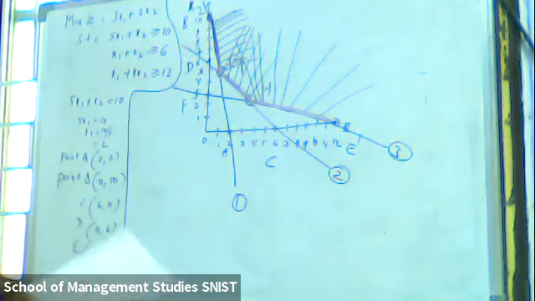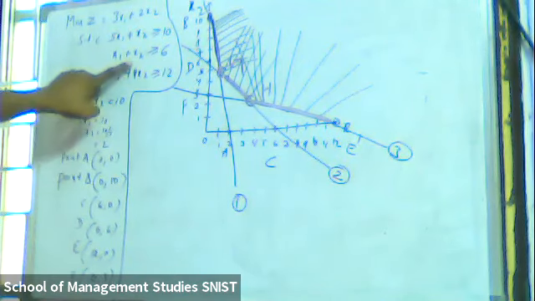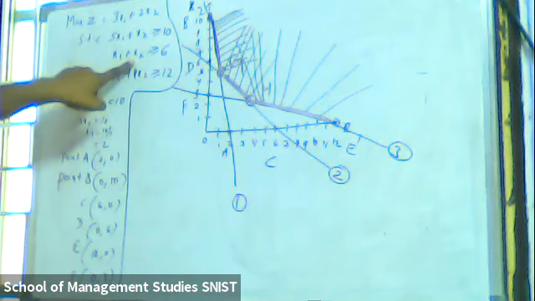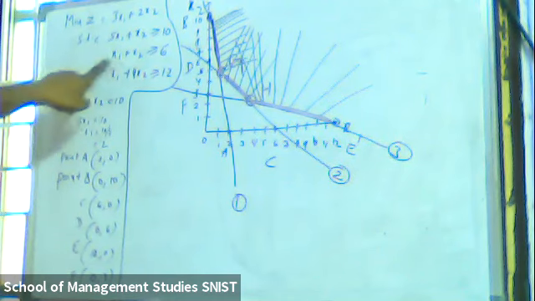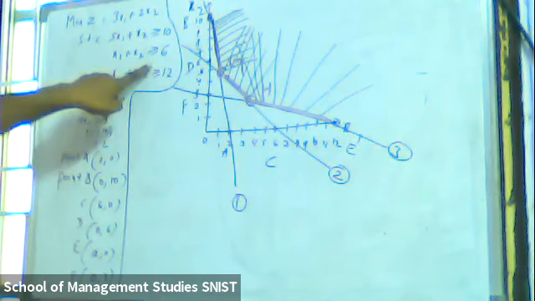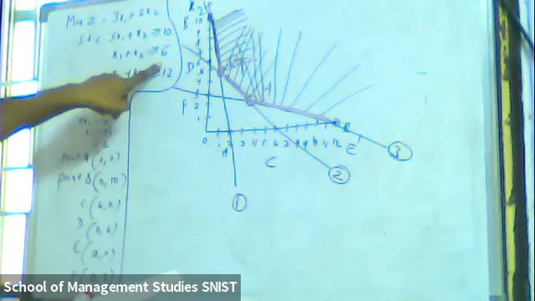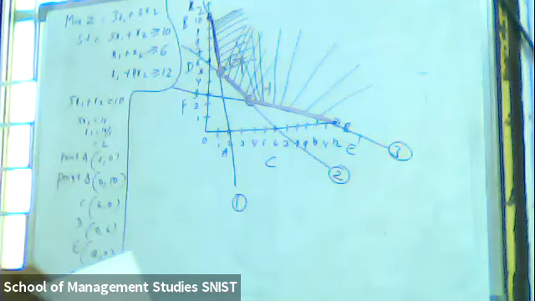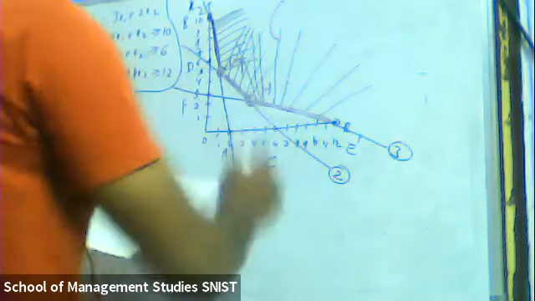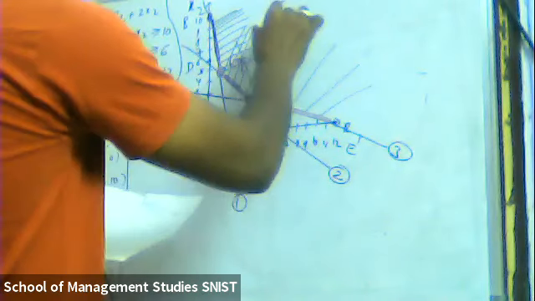Okay, so 5x1 plus x2, and x1 plus x2. If you cancel this, then we get 4x1 equals 4, so x1 equals 1. Is it clear? Yes, sir. So we get the G point, where x1 is 1.